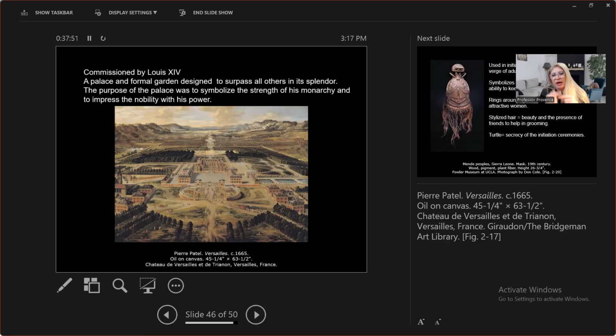But during the time when Versailles is being created, King Louis the 14th and 15th wanted to make sure that people would see Versailles and go, France's power. We don't know what you're talking about. We're not going bankrupt. You're crazy, right?